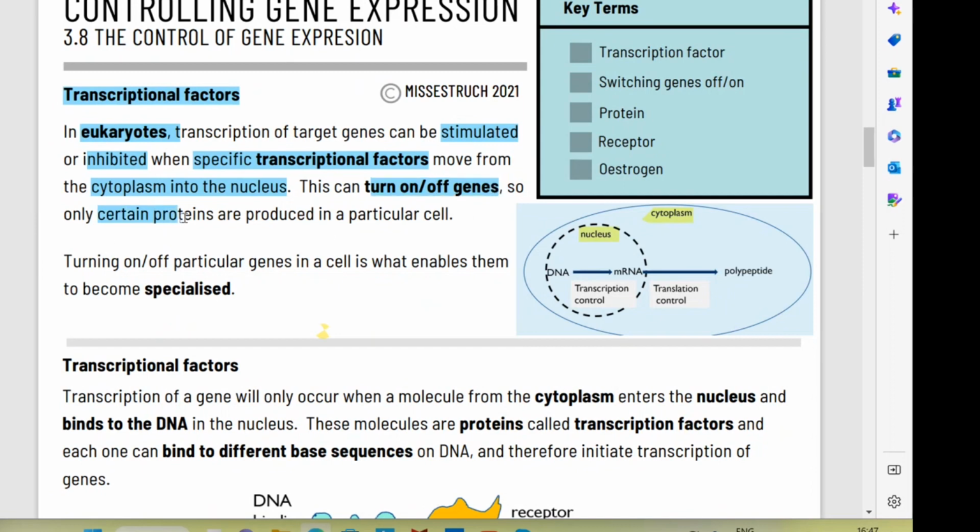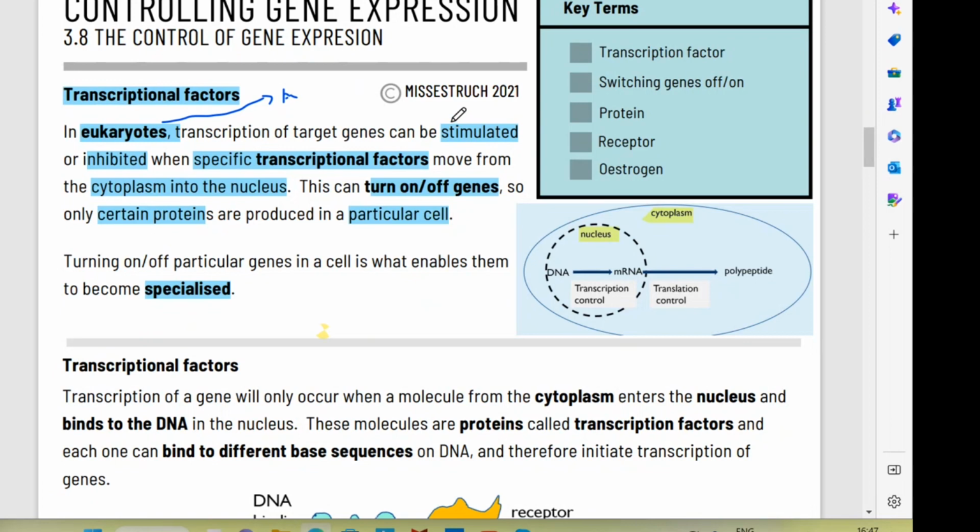So only certain proteins are produced in a particular cell. So turning off particular genes in the cell is what enables them to become specialized. So we're talking about in eukaryotes. So this is to do with animal cells or in our cells, because we have eukaryotic cells as we are animals.